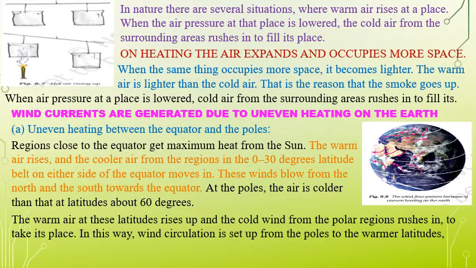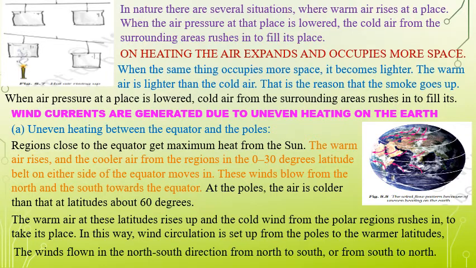The warm air at this latitude rises up, and the cold air from the polar region rushes in to take its place. In this way, wind circulation is set up from the poles to the warmer latitudes. The winds flow in a north-south direction, from north to south or from south to north.